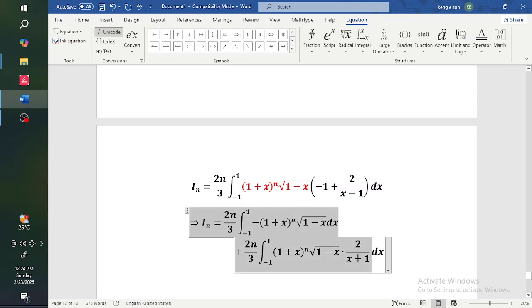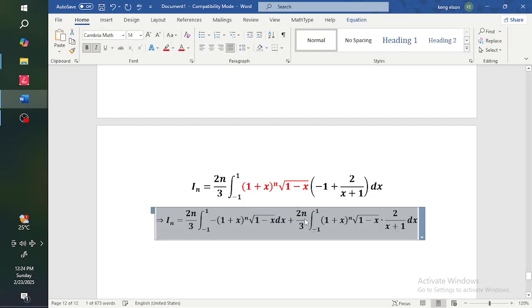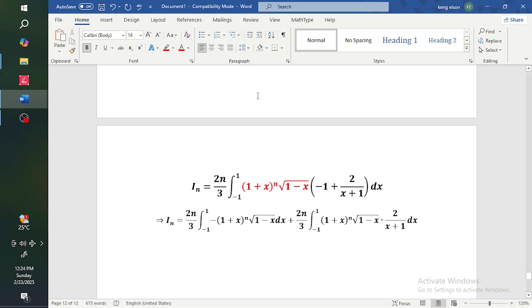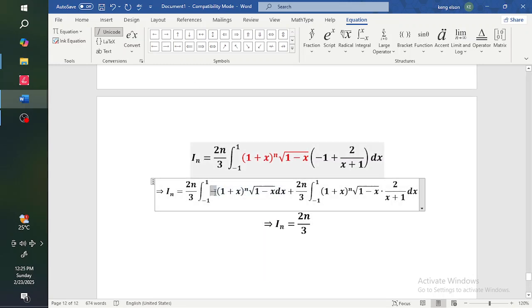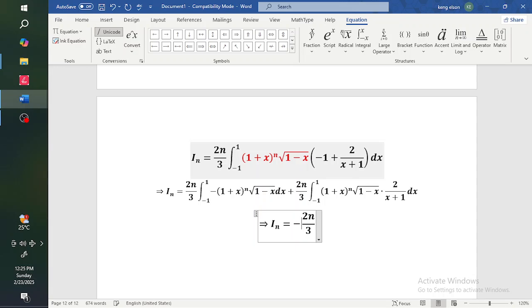Let me try to decrease the size so that it enters on a single line. Okay, increase the size again. So let's now simplify and see. So in is equal to 2n over 3. Now this negative sign goes out, so you have the negative sign outside here.